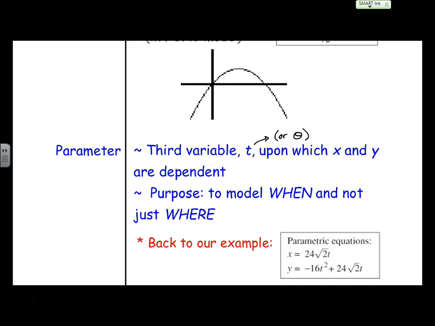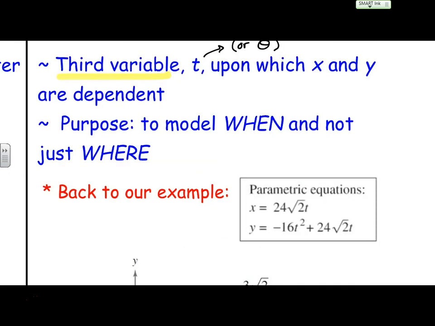Parametric equations could be built on t or built on theta. Long story short, there is a third variable that x and y are built on. Without going into tons of the physics, you're working with planar motion, two-dimensional motion instead of just one-dimensional, rectilinear motion. Long story short, we can talk about the actual path.